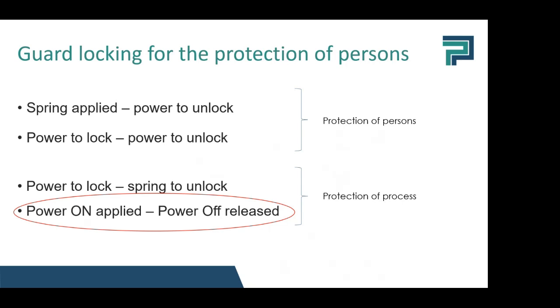Overall, we call these the power to unlock devices, and only these ones can be used for the protection of persons. Protection of process can be done by the previous two guards, but also by power to lock, spring to unlock, or power unapplied, power off released. Be sure to check your own slides because of the small error made here.